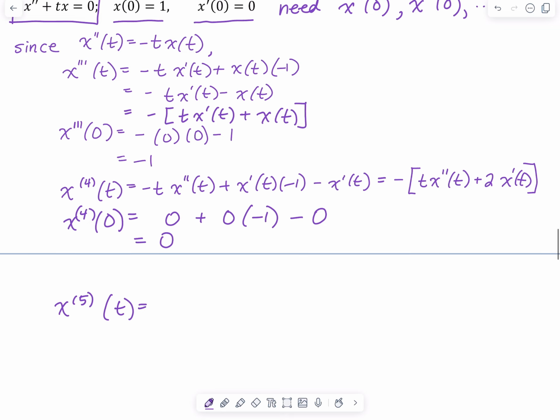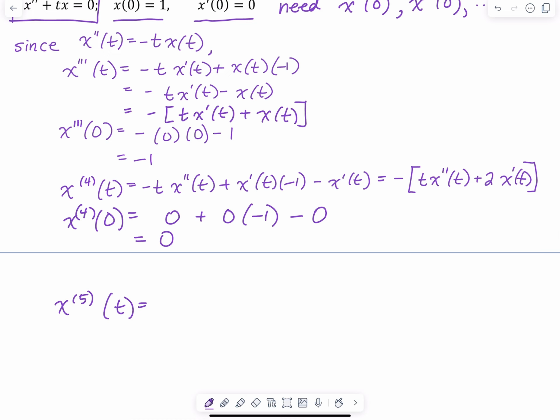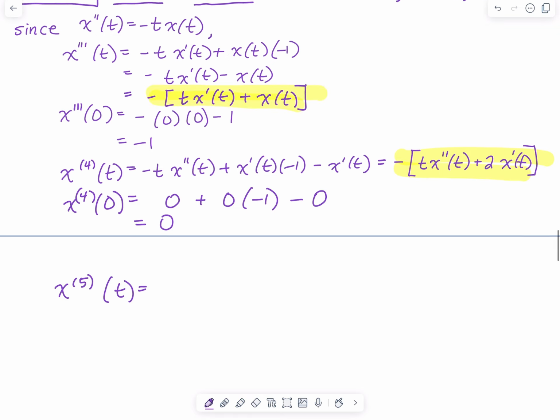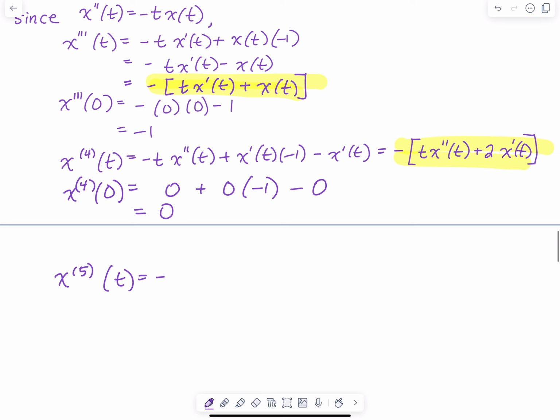So when we had the fourth derivative, we have this right here, and there's the second derivative. So we can say that that fifth derivative is the opposite of t multiplied by the third derivative of x plus 3x double prime of t.